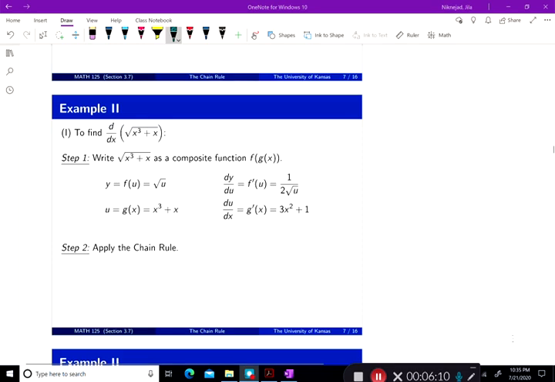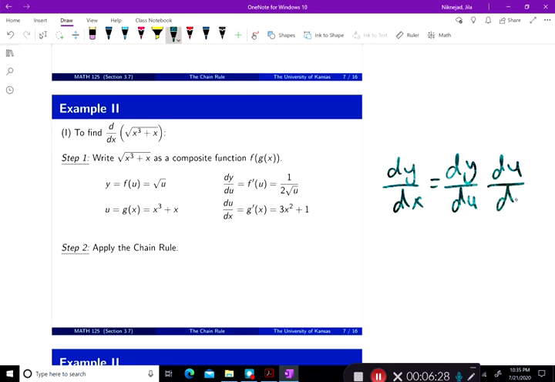So how you write it, the chain rule is dy/dx is equal to dy/du times du/dx. So you found dy/du, and then you found du/dx, but dy/du is in terms of u, and you want the end value to be in terms of x.